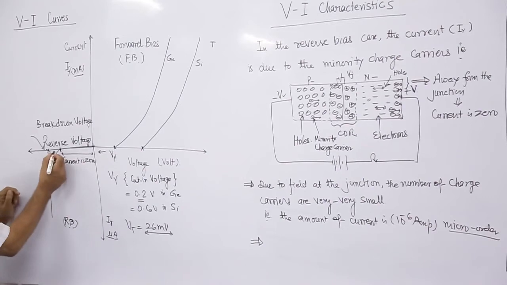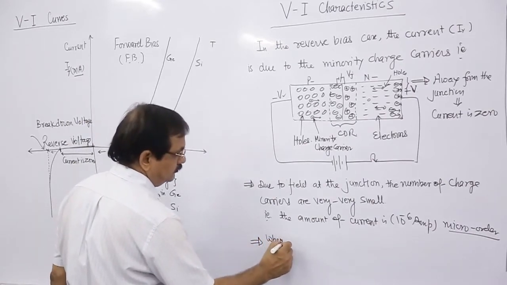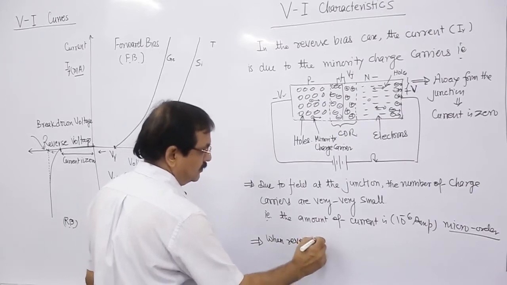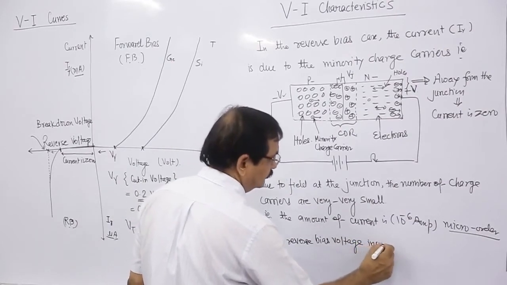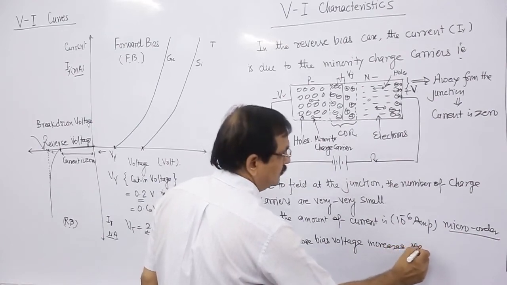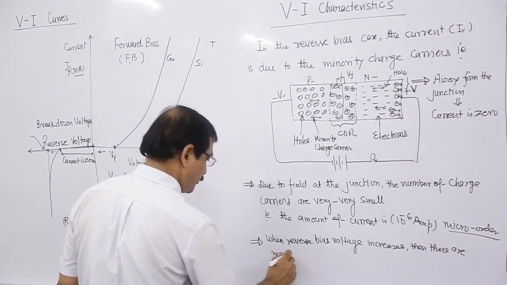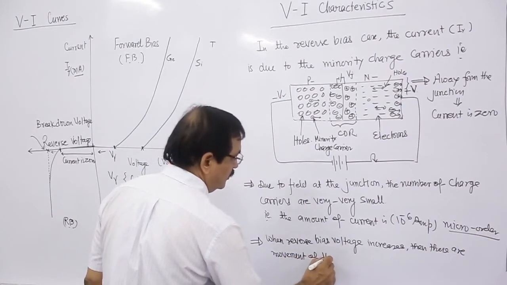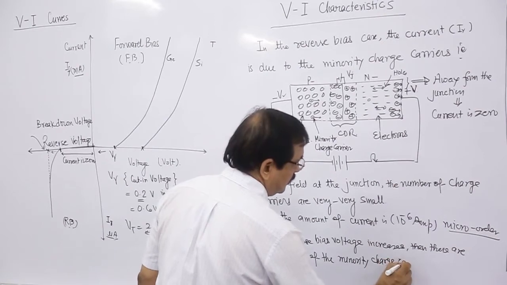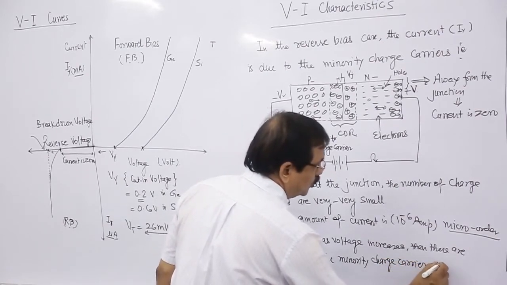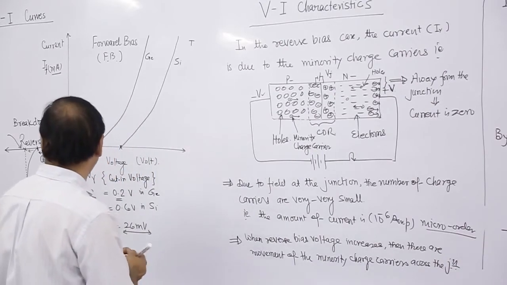But by the increase of reverse bias voltage, when the reverse bias voltage increases, then there is movement of the minority charge carriers across the junction, this minority charge carrier across the junction.